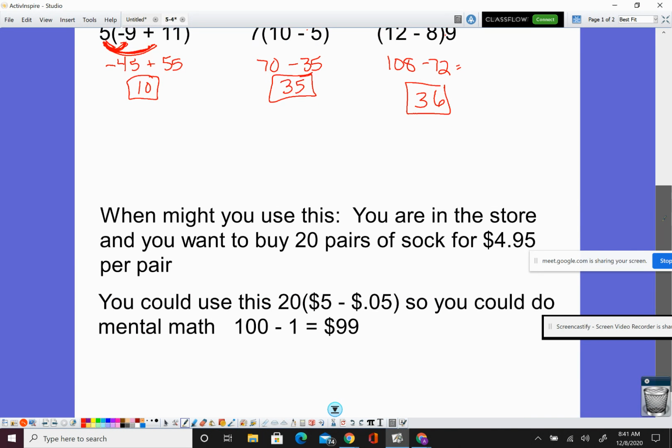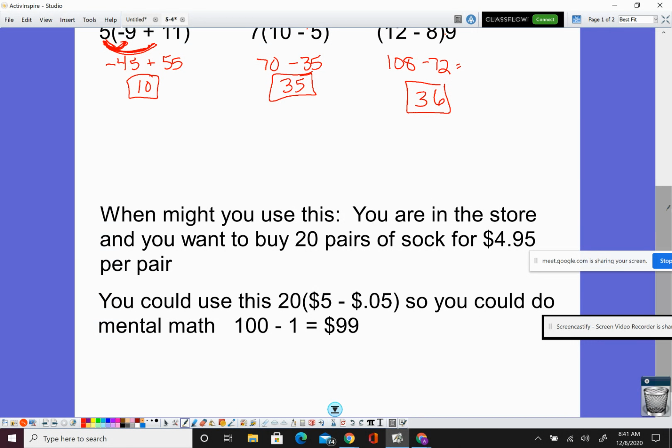So when might you use this? Say you're in a store and you want to buy 20 pairs of socks, and each pair of socks is $4.95, and you want to know how much it's going to cost you. In your head, you're probably rounding up to $5 and saying $4.95 is close to $5. 5 times 20 is 100.